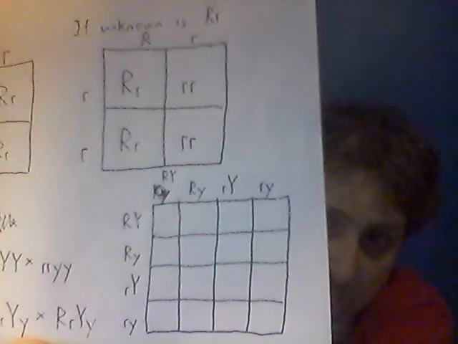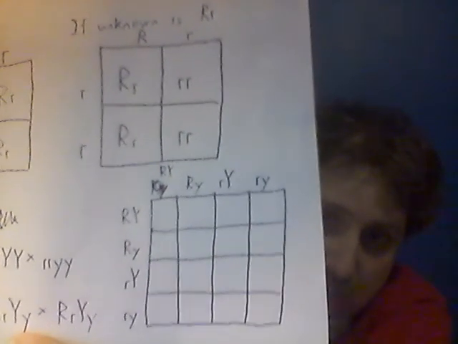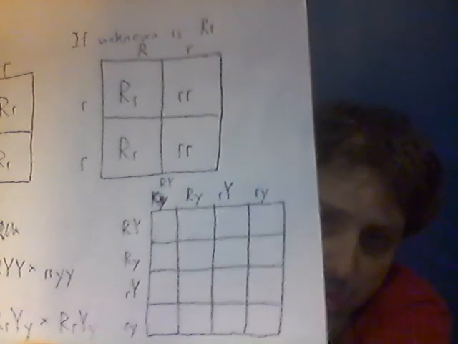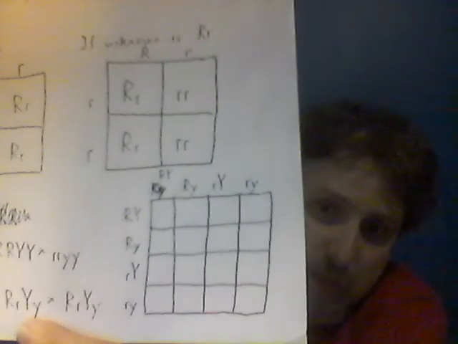So my options are, I could pass on the dominant for both, that is 1 wrinkly gene and 1 yellow gene, or I could pass on dominant for texture but not for color, wrinkly and green, or I could pass on dominant for color but not for texture, that is 1 smooth and 1 yellow, or I could pass on the recessive for both, smooth and green. And that's the case for both parents, since we're doing a heterozygote cross, allowing the organism to self-pollinate.